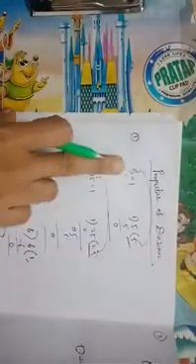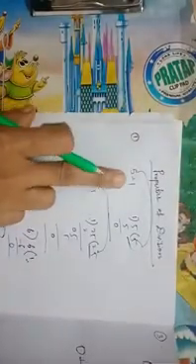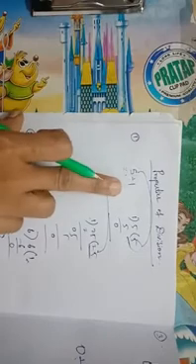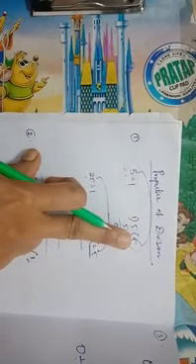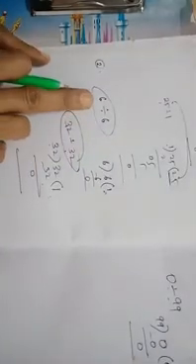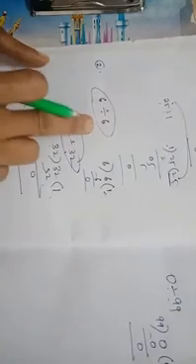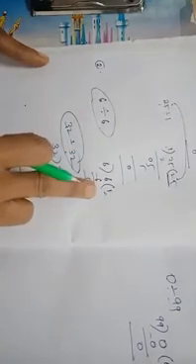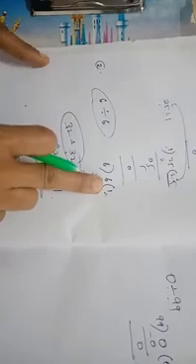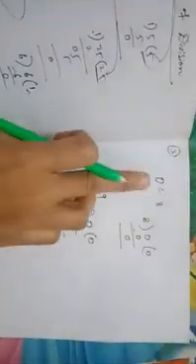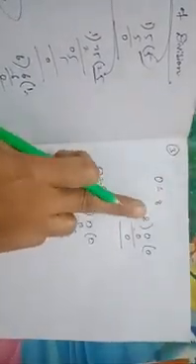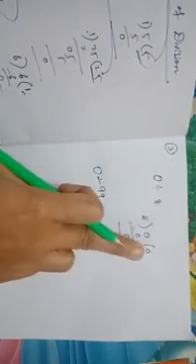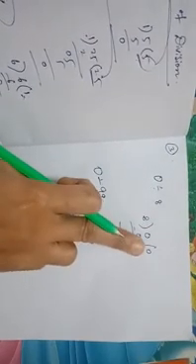Let's see once again. If a number is divided by 1, then the quotient is the number itself. Now if any number is divided by itself, then the quotient is 1. Now, if 0 is divided by any number, then what is the quotient? 0.